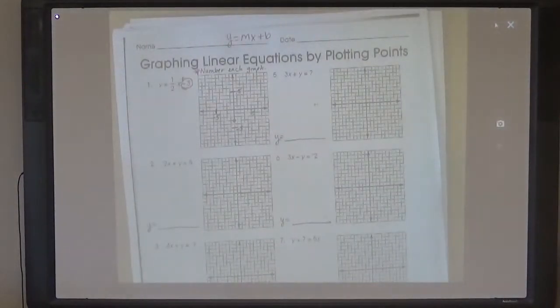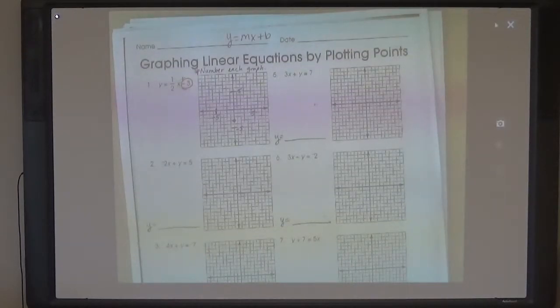b is -3, right? Nod your head if you can agree with me that b is -3. Yep? Daria? No? Do you see b? Okay, first of all, write down this. Write the slope formula.